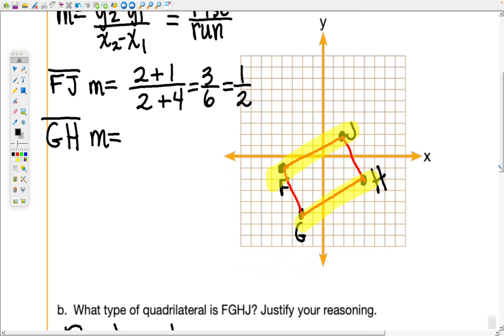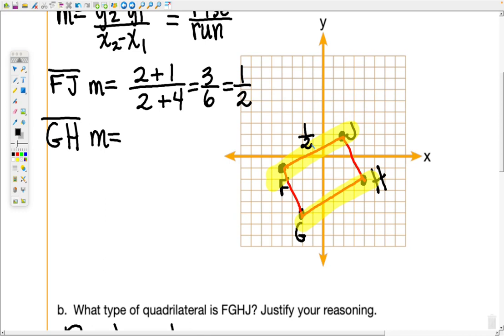I'm going to just write this here and leave it on y'all. I'm going to show you rise over run right quick. All you gotta do is start at your bottom point and then go up and go over. If you're going up, it's positive. If you're going to the right, it's positive. But if you're going down, it's negative. And if you're going to the left, it's negative. You're going to need to know that, especially when you do the other two sides for their slopes.